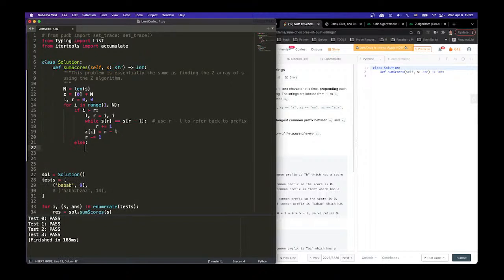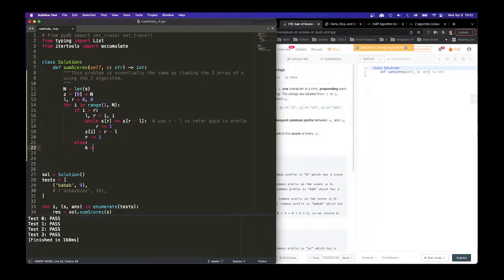Else, I is inside, all right? So if I is inside L and R, and LR is a prefix, we need to find out at I's position what is the longest prefix. We haven't done that yet, so we need to go back to the front, back to the actual prefix.